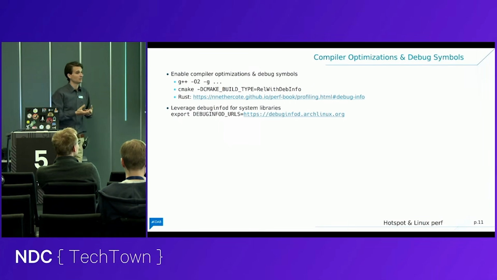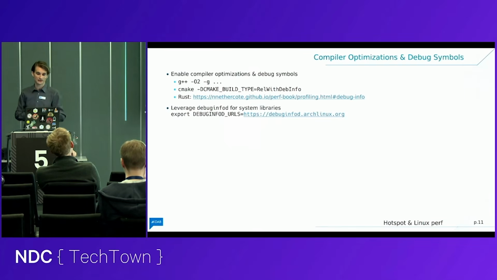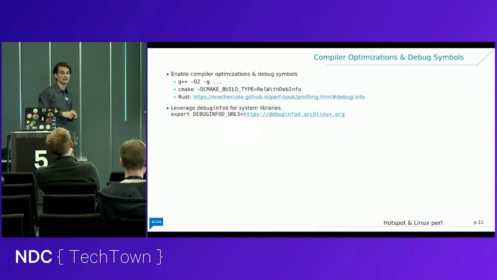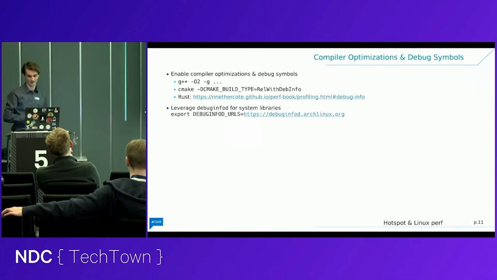Thankfully, since a couple of years, the elfutils project has created this thing called the debuginfod, the debug info daemon, that is a server that you can set up very easily by setting this environment variable locally for whatever distribution you're using, and then transparently most of the tools, including the ones that I'm going to show you, can pull debug info from that server behind the scenes, and you will see actual function names instead of question marks, which is a great win in my opinion.